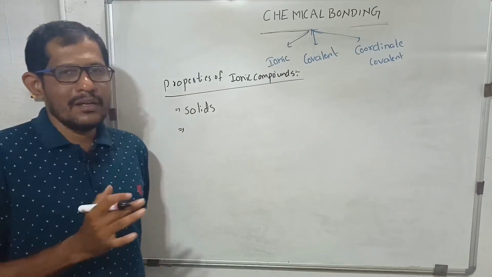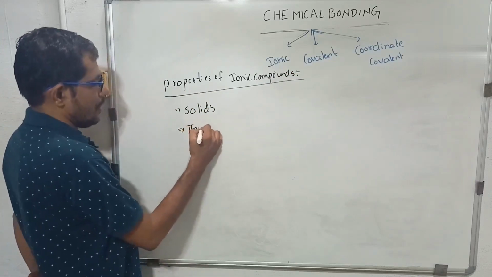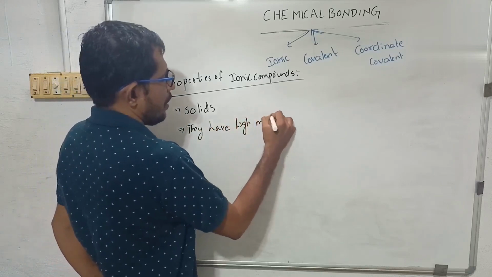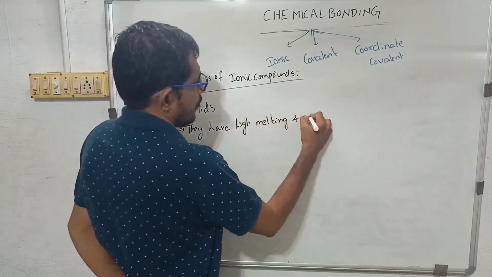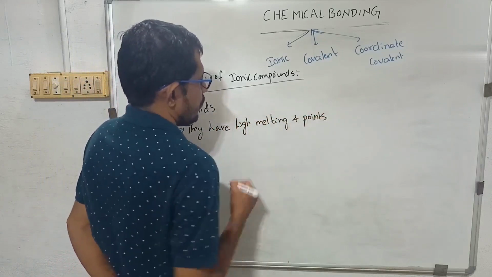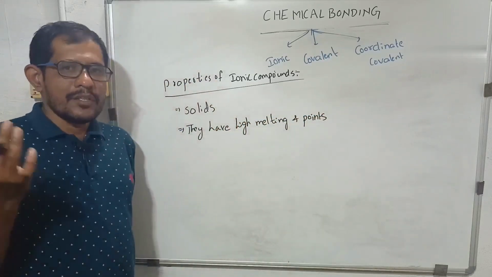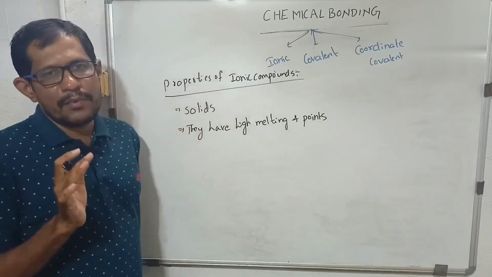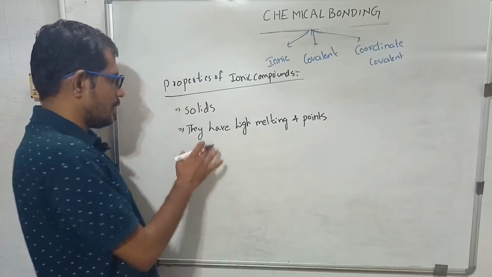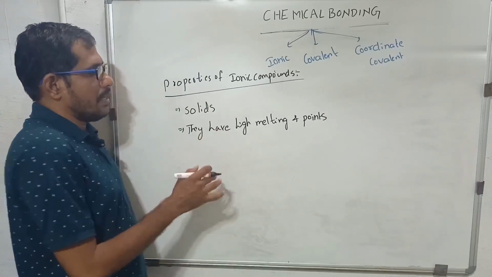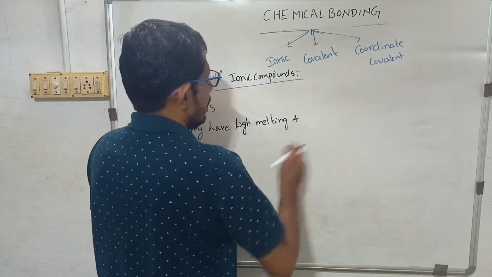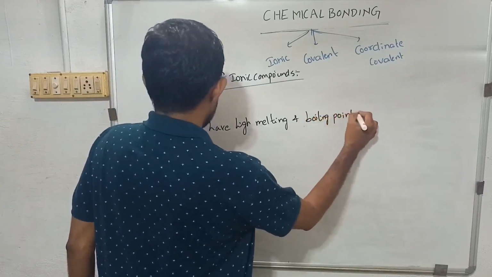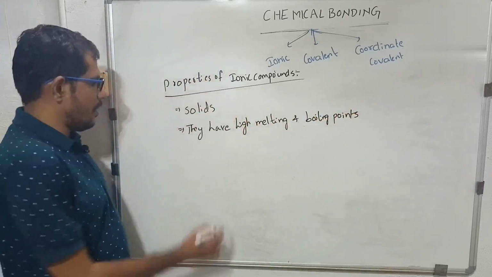They have high melting and boiling points. If you want to melt NaCl, you need to go above 1000 degrees, roughly, I am not sure, above 1000 degrees centigrade. So they are solids, and they have high melting and boiling points.